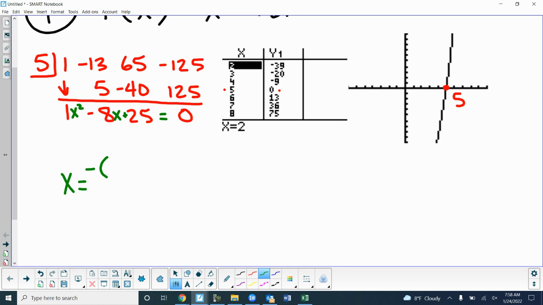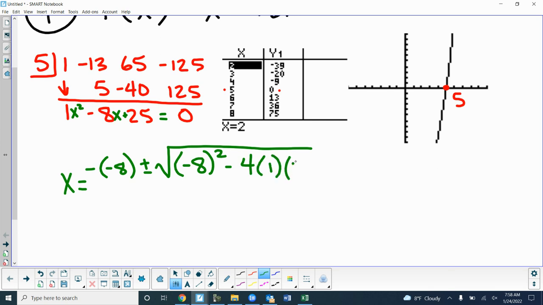What's b? Negative 8 plus or minus the square root of b squared minus 4 times a times c over 2 times a.